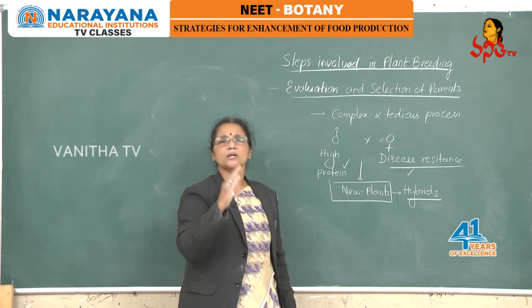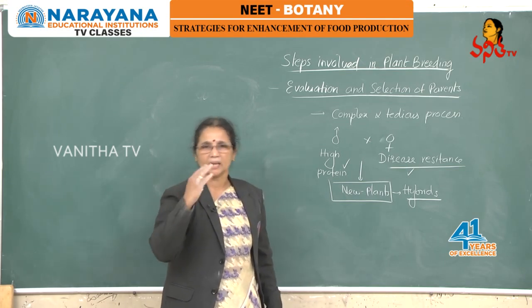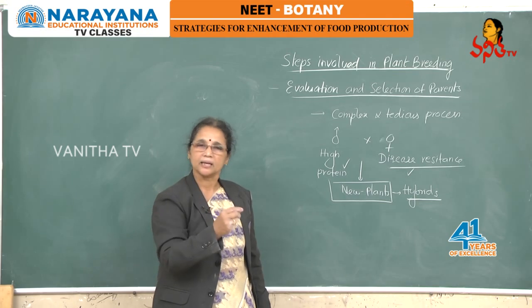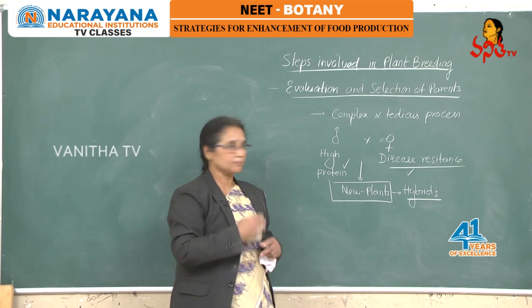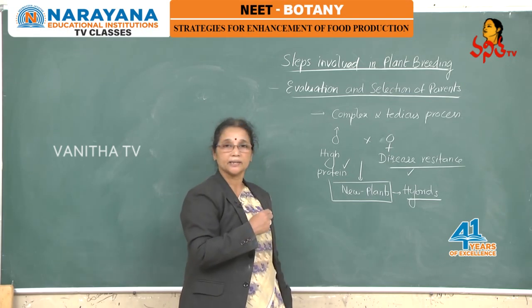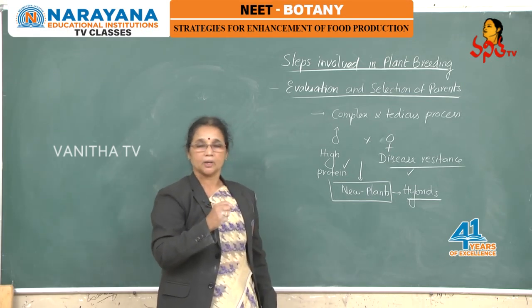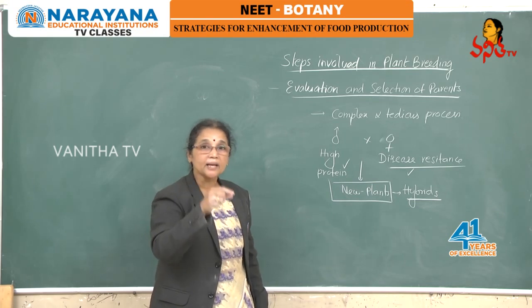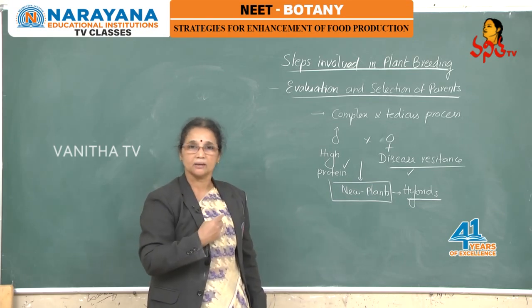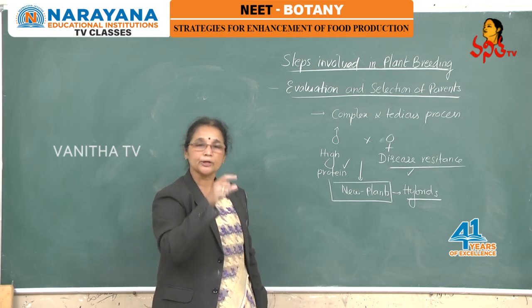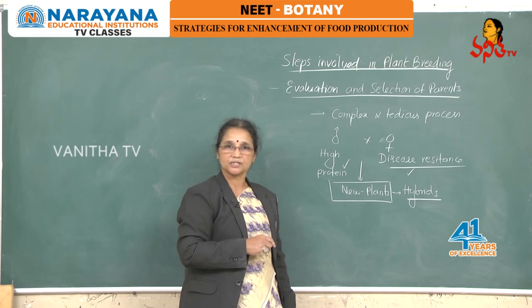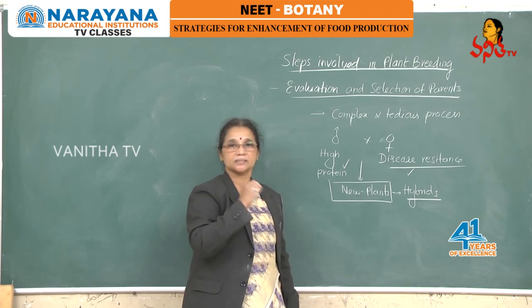We can say that 1 or 2 plants among 1000 plants will have these desirable combinations. Then the next step comes: how to select those superior recombinants which have both of our desirable characters in the progeny produced after the cross hybridization of the selected parents, children.